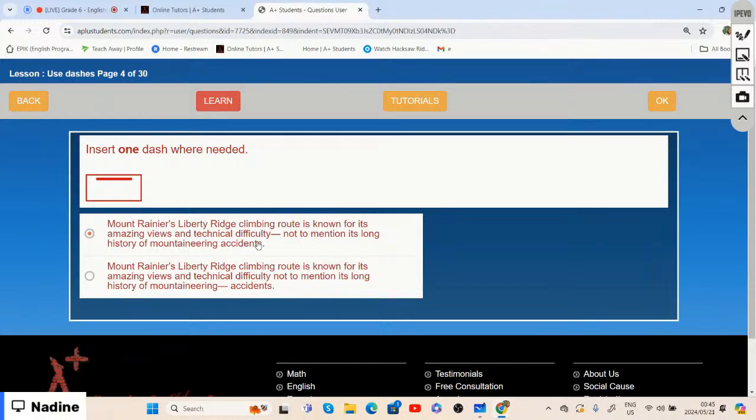And now they're saying not to mention its long history of mountaineering accidents. Meaning it didn't just happen once, it happened more than once that there have been accidents on the mountain. And it's been going on for years.